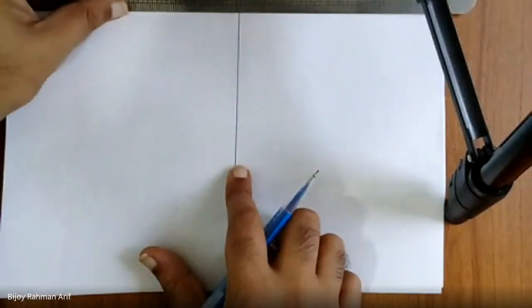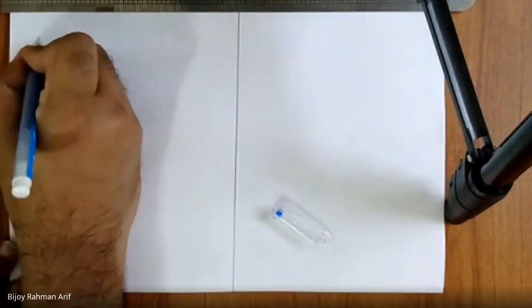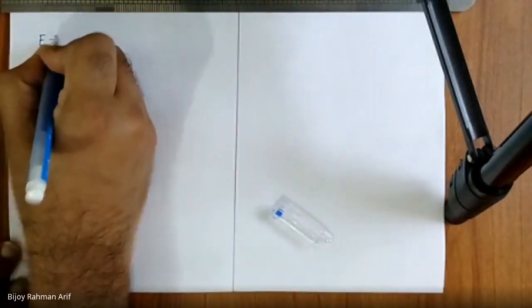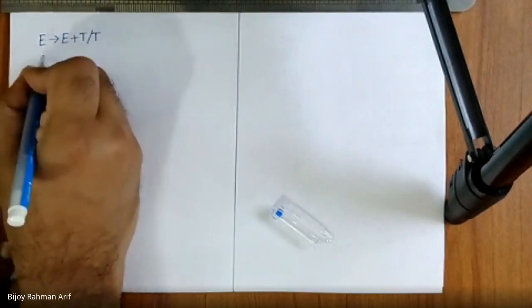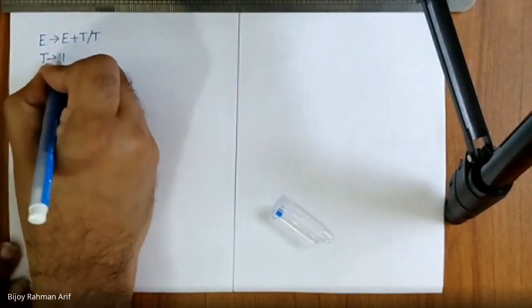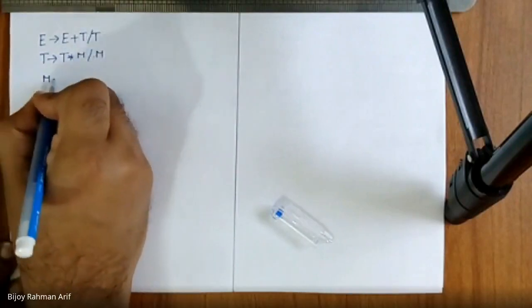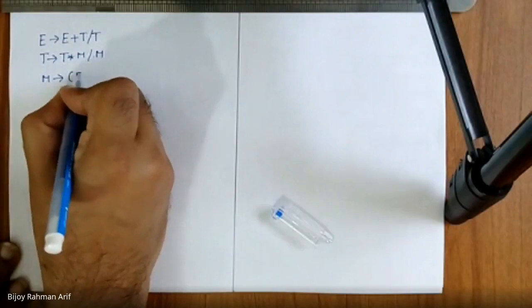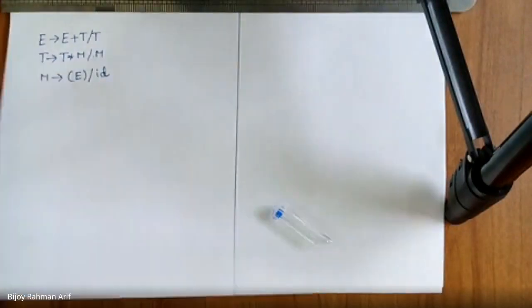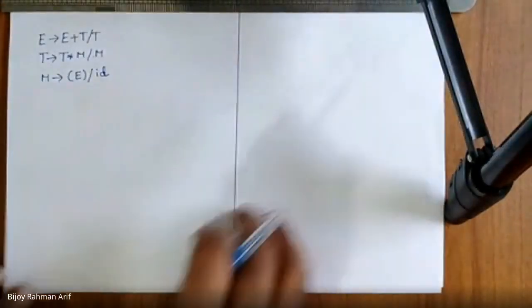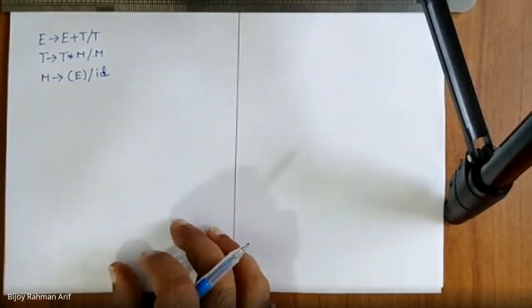Now let's go over here. Let's take this grammar. E derives E plus T or T; T derives T star M or M. So is it possible to parse using LL1?